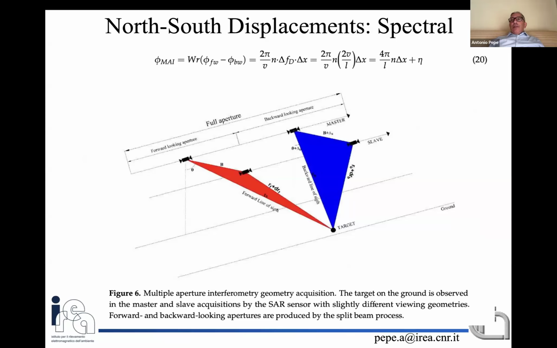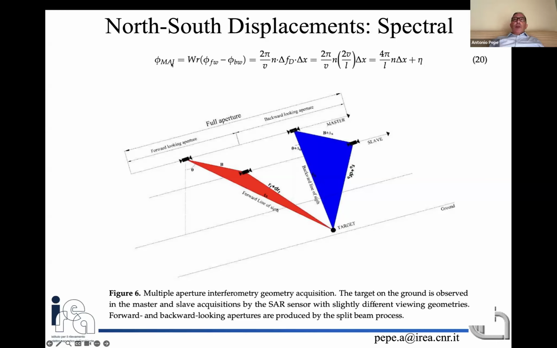Without going into the details of the equations, we have a multiple aperture interferometry phase that is the difference between the forward and the backward interferograms, so the difference between the low frequency and the highest frequency. This interferogram is related to the deformation occurring along the azimuth direction, so approximately along the north-south direction. And this is the noise.